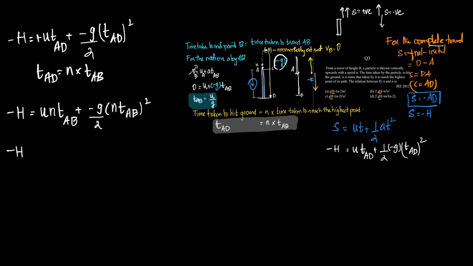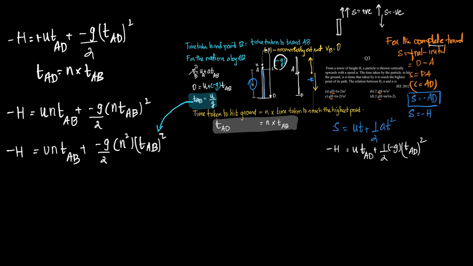So this is minus H is equal to UN into T_AB plus minus G by 2 into N square T_AB the whole square. Now, does any of the options have T? No. All options have G, H, N, 2 and U, but not T_AB, which means we need to include the T_AB equation here.